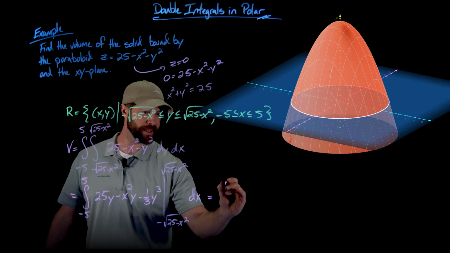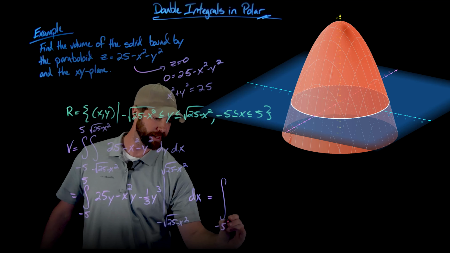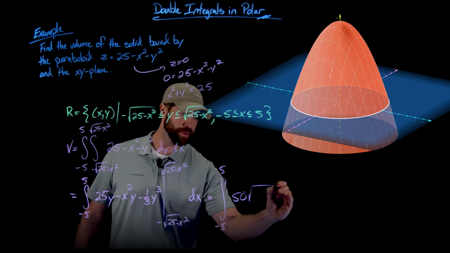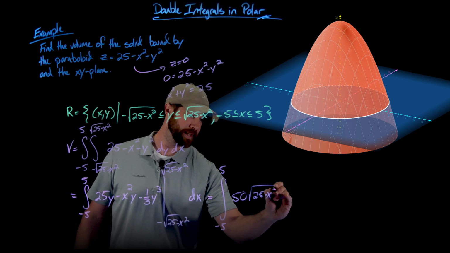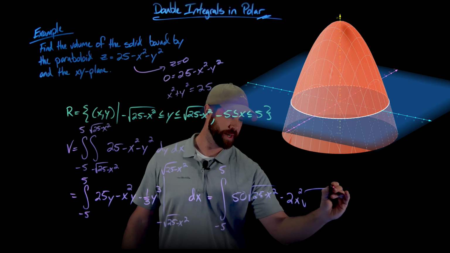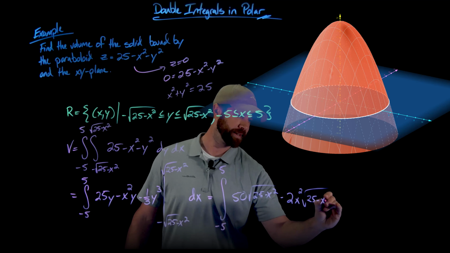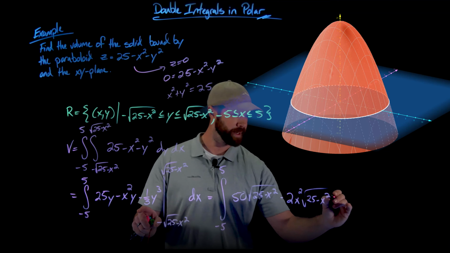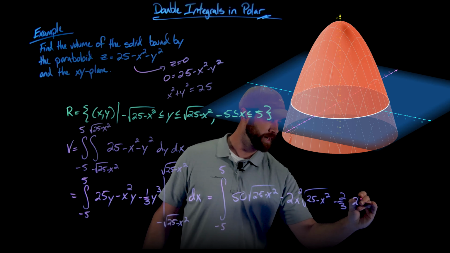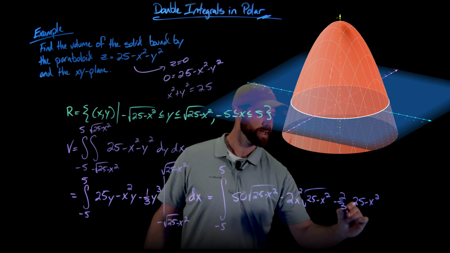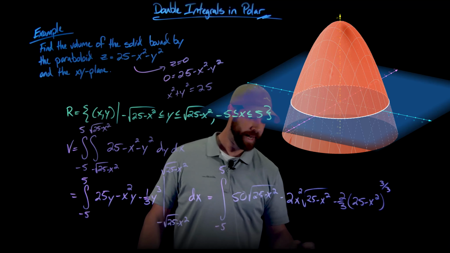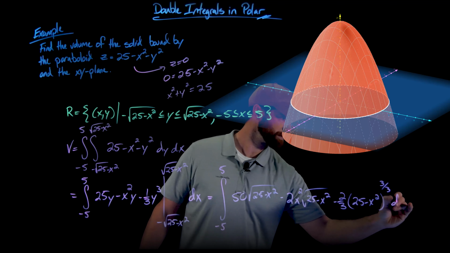And so what I'm going to end up with, the integral I would need to calculate, is from negative 5 to 5 of 50 square root of 25 minus x squared, minus 2x squared square root of 25 minus x squared, and then minus 2/3, and I'll just write this as 25 minus x squared to the 3/2 power, dx.